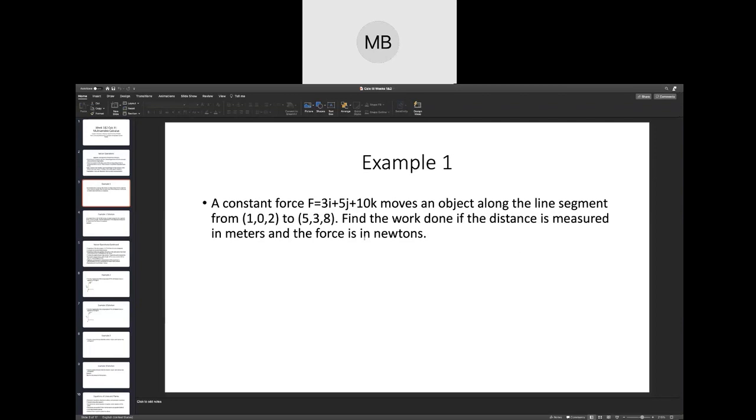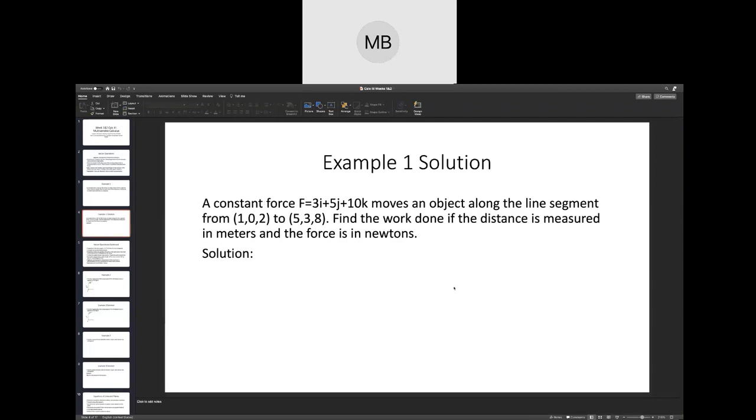Okay, so what you want to do is realize that the work is the force times the distance, which in our context, if you translate that to vector form, is work equal to the force vector dot product with the distance vector.